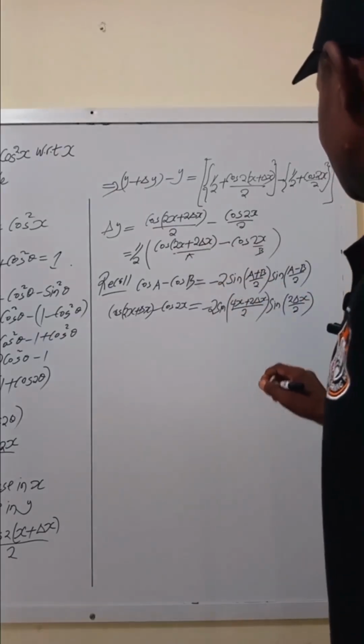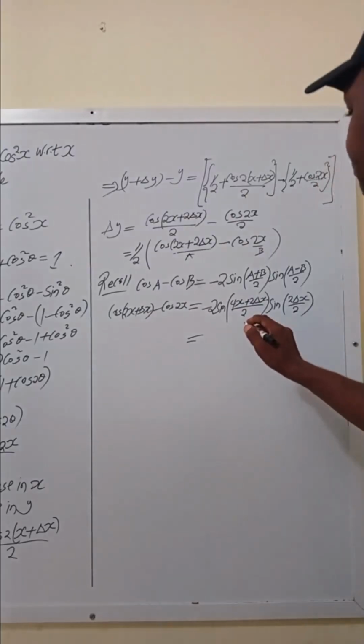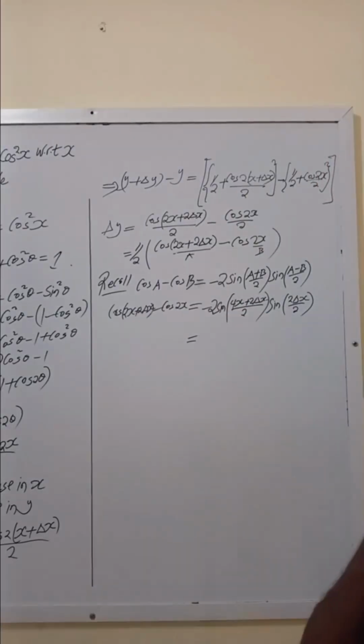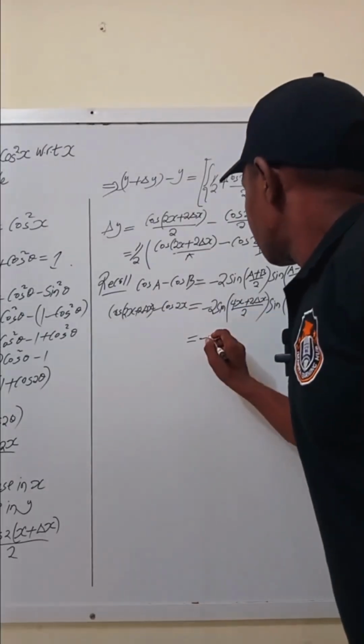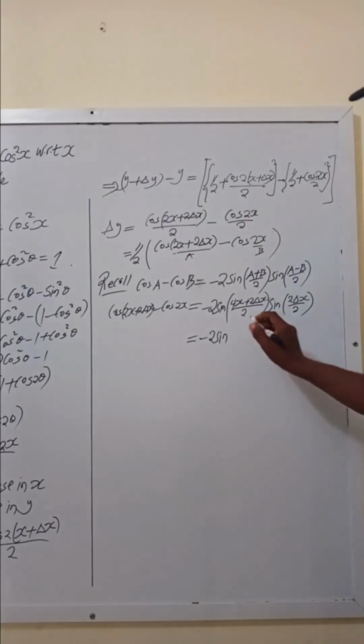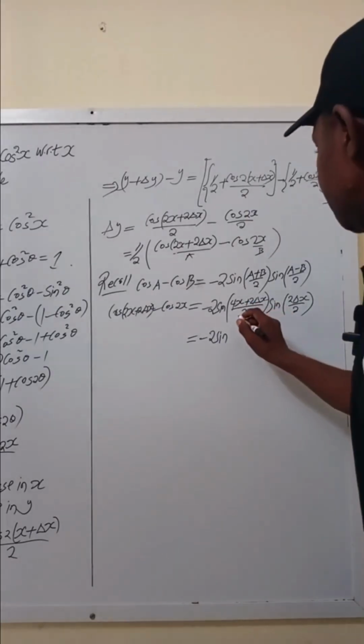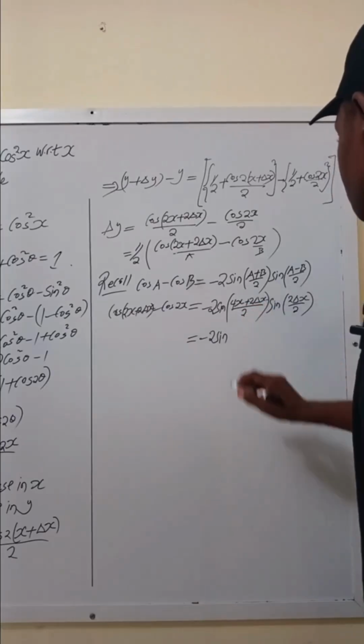Okay, and what do we get now on the right hand side? Negative 2 sine, 4x divided by 2.